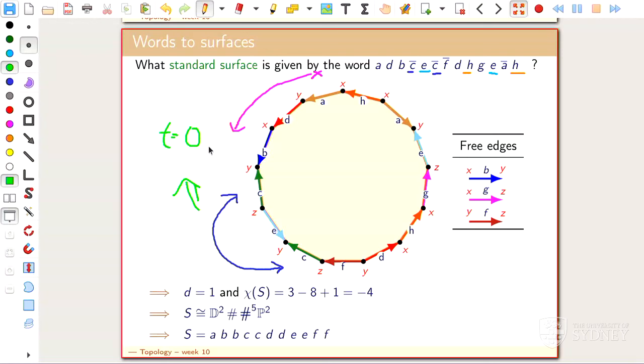T is already 0. The next thing we do is we identify the vertices. And I've done that already, but let's just do it at least for X. So what you do is you start marking one of them. So let's say you mark this point X, and then you follow it. So X sits at the top of H. It sits at the bottom of G, but G doesn't go anywhere anymore, so we are done in that direction.